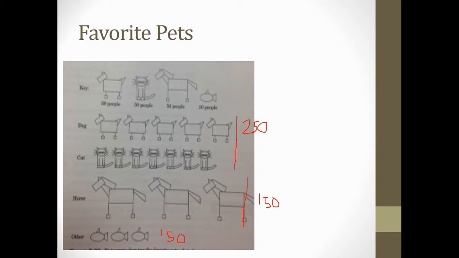And let's count here, 5, 10, 15, 20, 25, 30, 35, so that's 350. So actually the kitties are a lot bigger, a lot more people have kitties than doggies. So this pictogram is very misleading because it doesn't tell the whole picture.